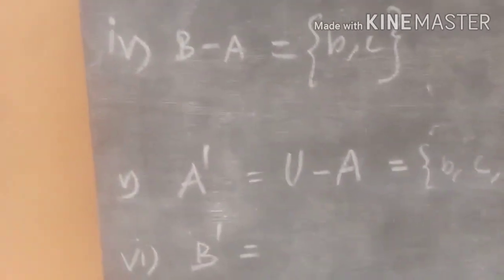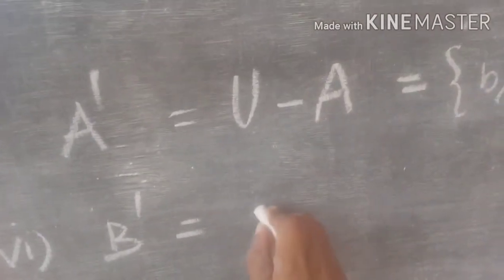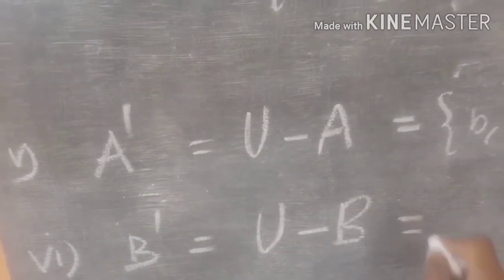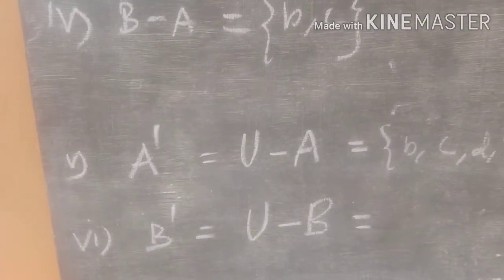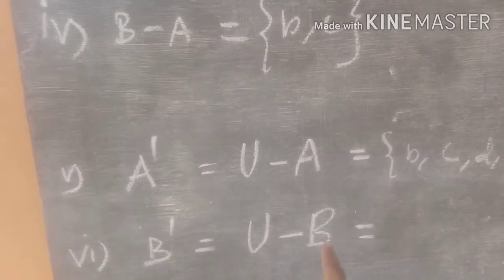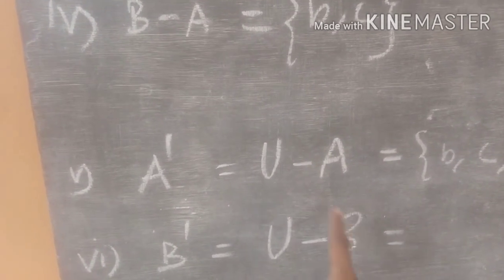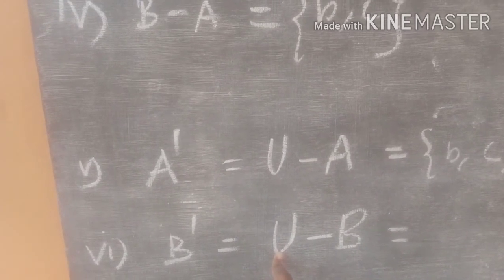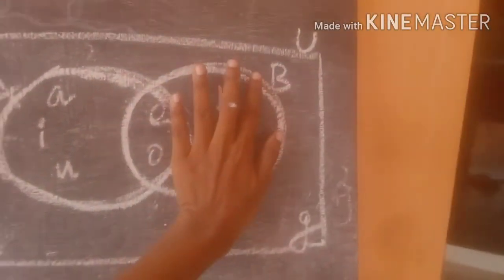Okay, next B dash. B dash means universal set minus B. So now you are going to hold the set B and then write the remaining elements of set U. So now I am going to hold the B set.